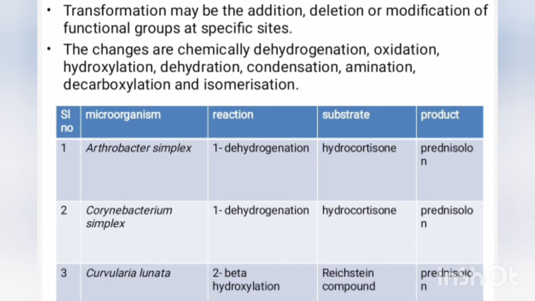Here a table is given and the table shows the transformation reaction, the substrate, that is the precursor steroid used, and the newly formed product, and the microorganism involved in this reaction.